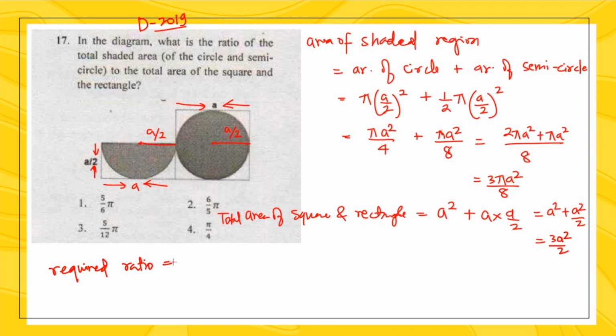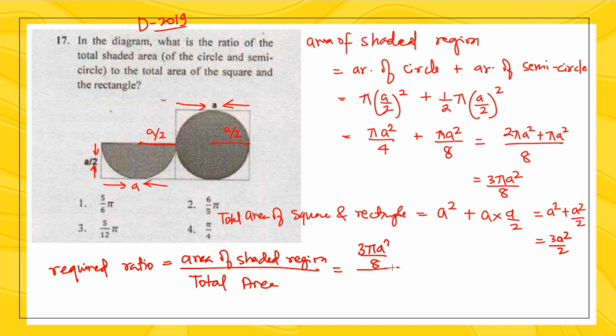Now you need to find the required ratio: the area of the shaded region divided by the total area. The area of the shaded region is 3 pi a square by 8 divided by 3a square by 2. So a square and a square get cancelled out, 3 and 3 get cancelled out, and 2 cancels out 4 times.